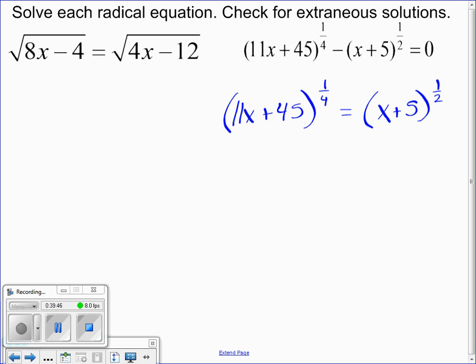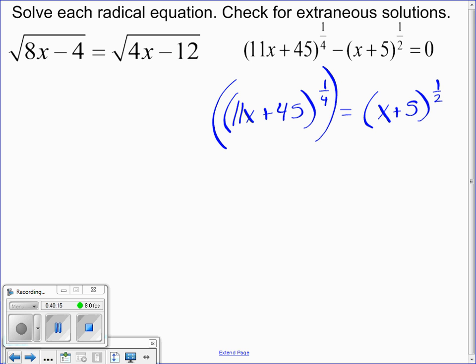Normally, I would raise it to its reciprocal, but I can't raise one side to the 4th power and one side to the 2nd power. You're going to have to raise it to whatever power eliminates your fractions entirely, like a common denominator. Because one's a 2 and one's a 3, I'd have to go to 6.